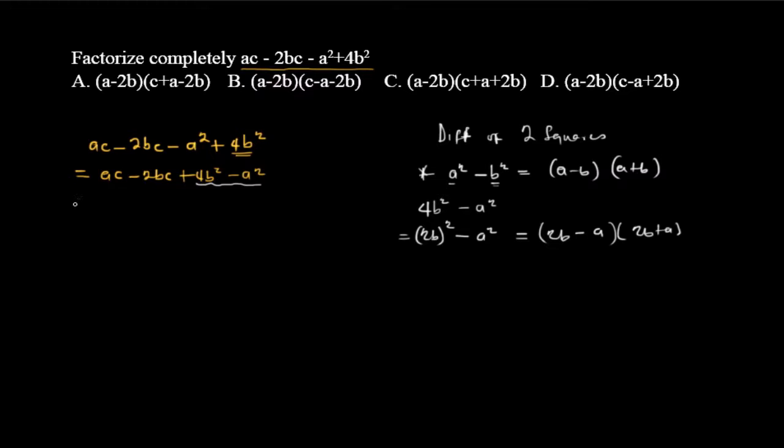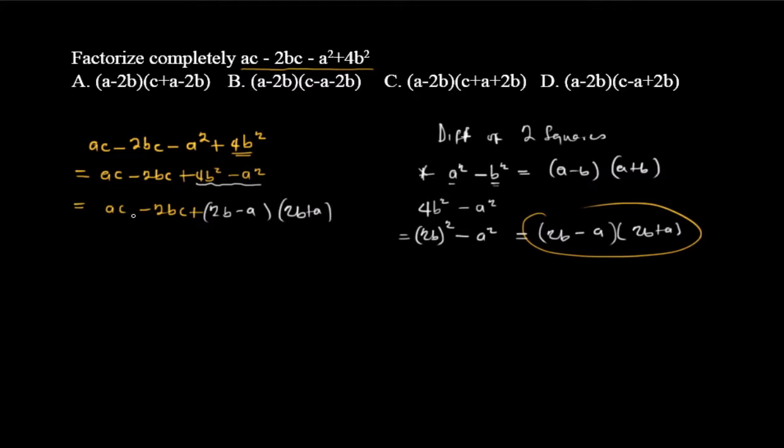So what I have here is ac − 2bc, then (2b − a)(2b + a).